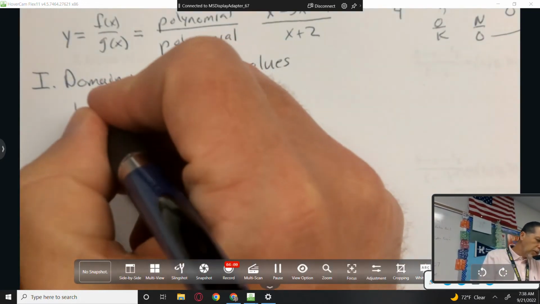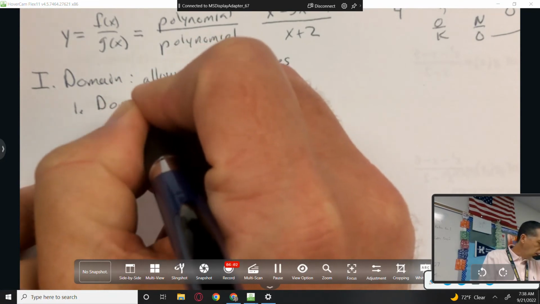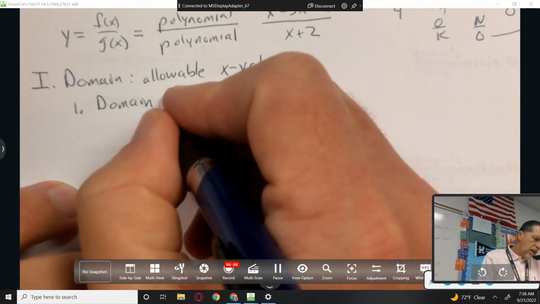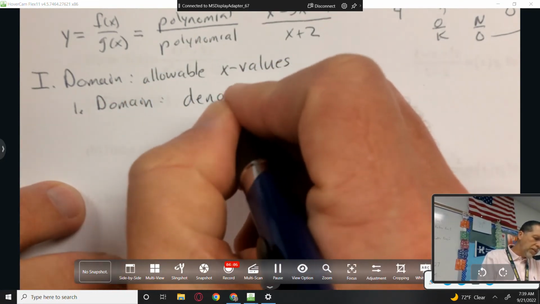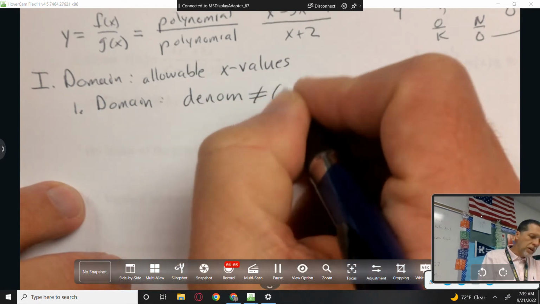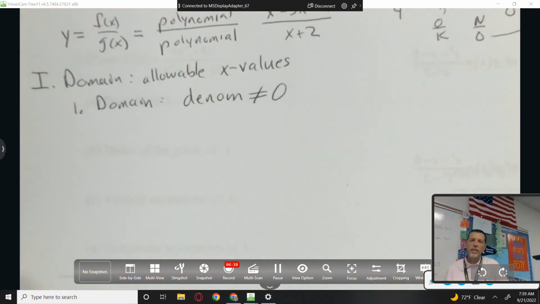The first question will be find the domain, and that will be what makes the denominator 0, or the denominator can't be 0, maybe a better way to say that, because you can't divide by 0. We've used that a few times.